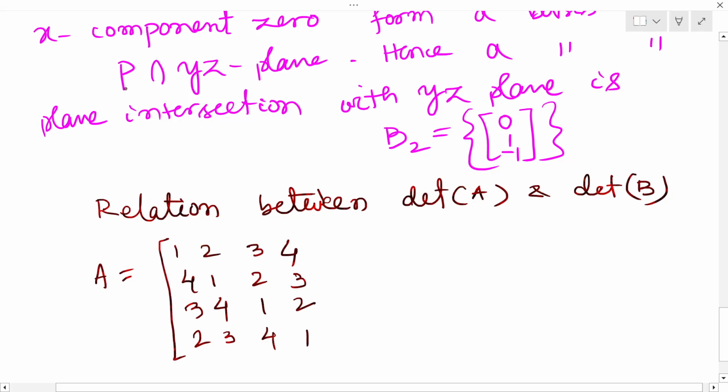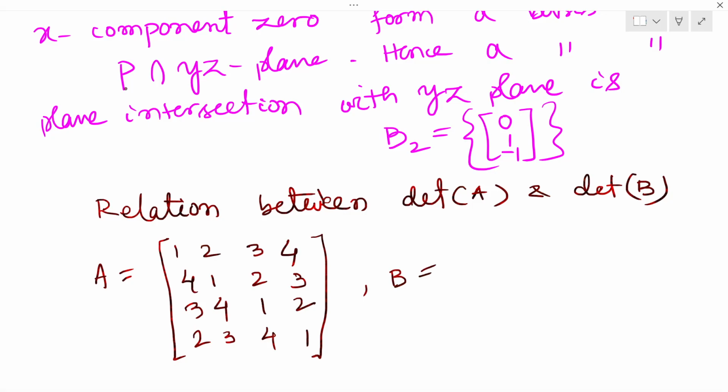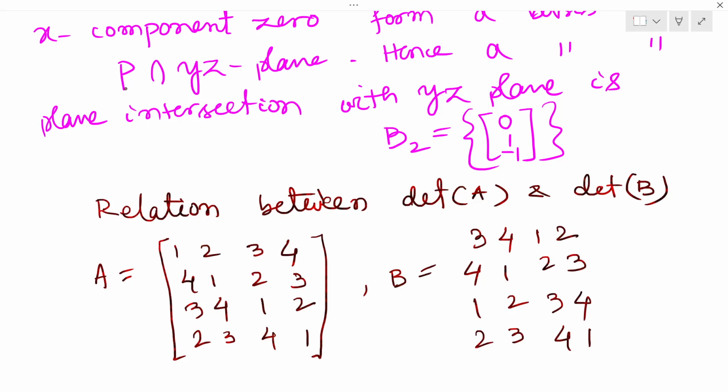This is given as A, and B is equal to, probably this is a previous question, I think so. 1 2 3 4; 4 1 2 3; 1 2 3 4; 2 3 4 1. Okay, what is the relation between these two?